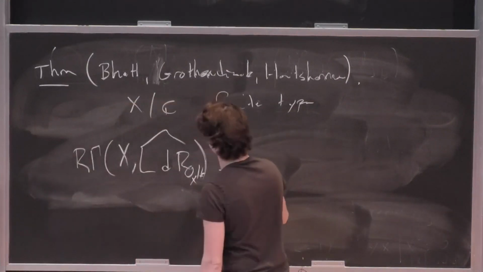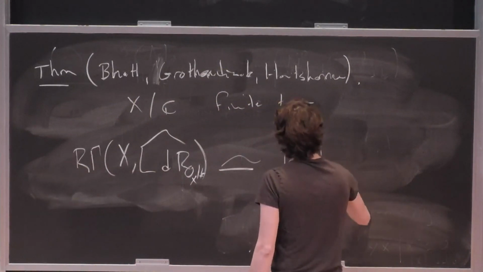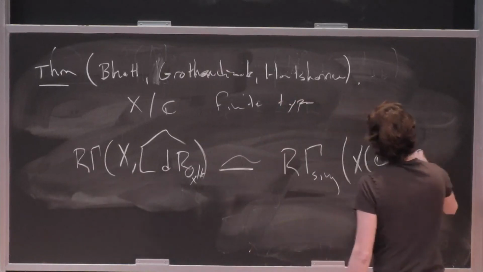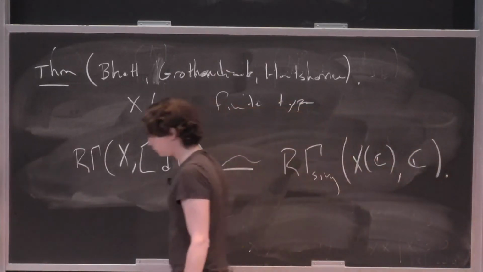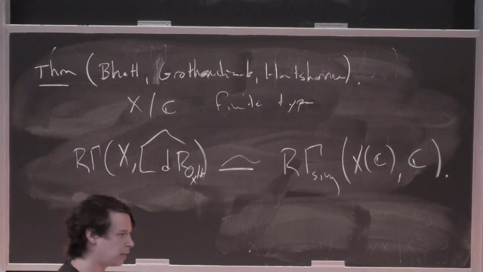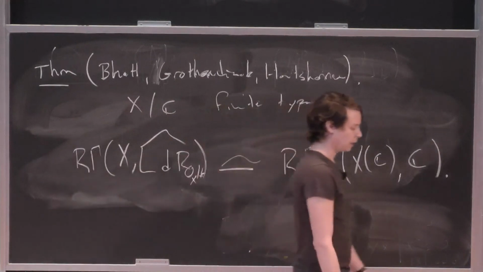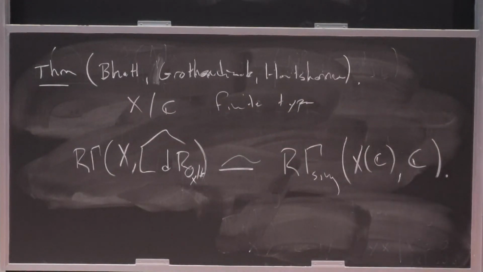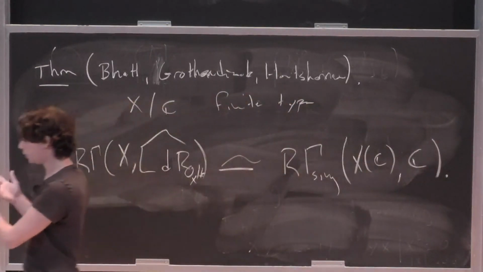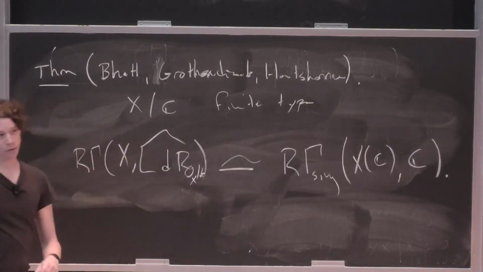Then this actually turns out to be the same as the singular cohomology of the complex points of X with C coefficients, which is, I think, a pretty amazing fact. So this is a generalization of Grothendieck's theorem in the smooth case. And then Hartshorne made a notion of algebraic de Rham cohomology, which is a different construction than this, but Bhargav showed that those constructions agreed. And one of the features of this construction is that it doesn't depend on the choice of putting X in an ambient smooth scheme. So I'll stop there.